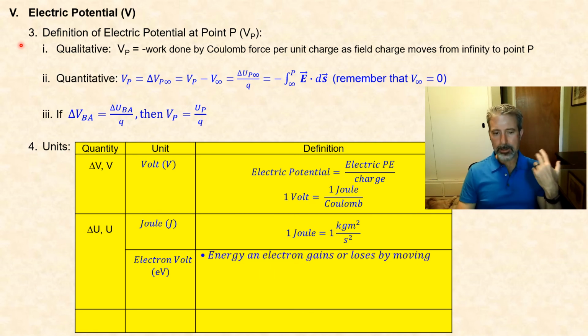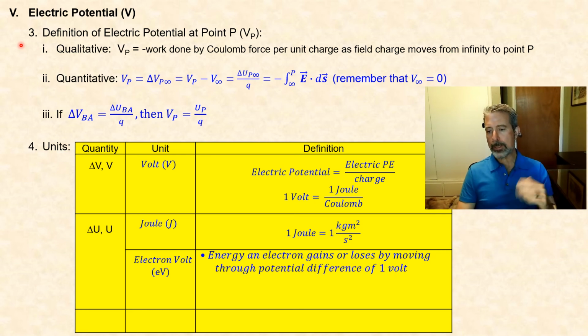The electron volt is simply the energy that an electron will gain or lose by moving through a potential difference of 1 volt.